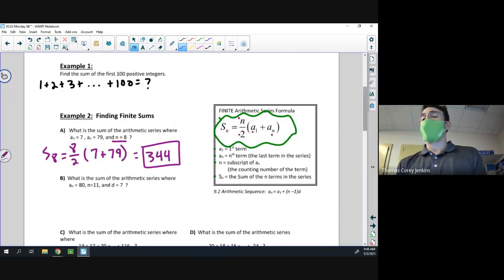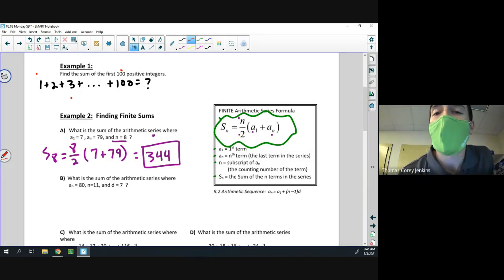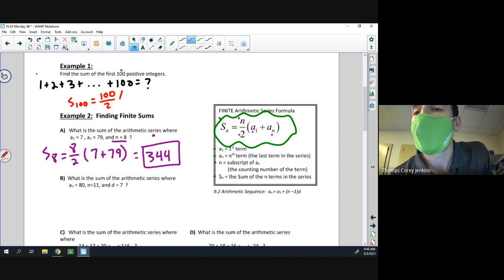Now that we know how to do this, let me follow up with this. If we wanted to do the first example now, here's what we would do. S sub 100 is equal to 100 over 2 times the quantity 1 plus 100.